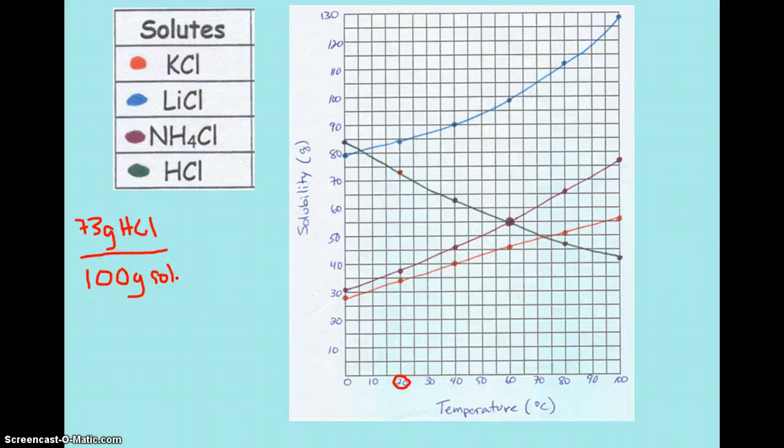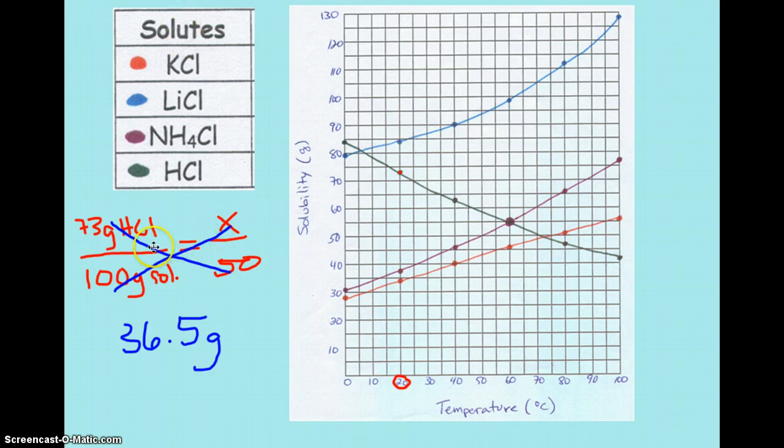If you would prefer to draw it out for you, we're just solving a proportion. How many grams of HCl would I need in order to make 50 grams of solution? And so then I have to cross multiply, 100x equals 3,650, divide by 100, and either way, 36.5 grams of HCl is what we would need.